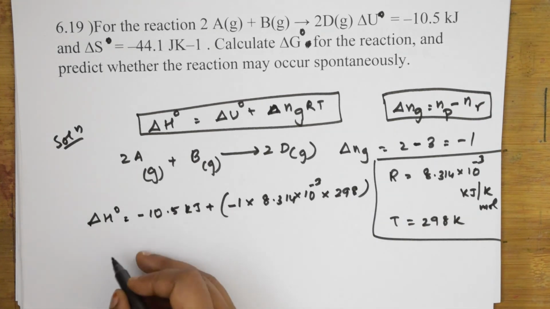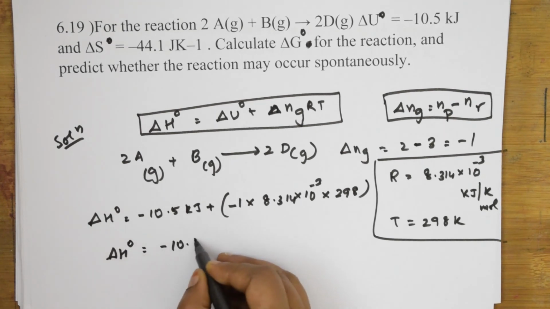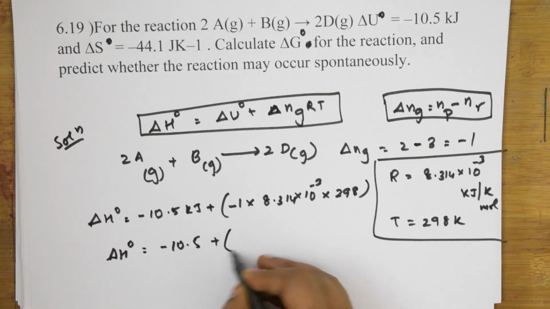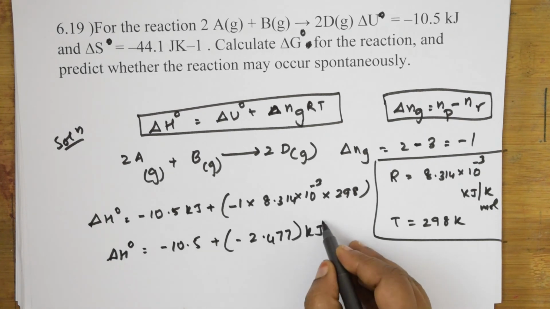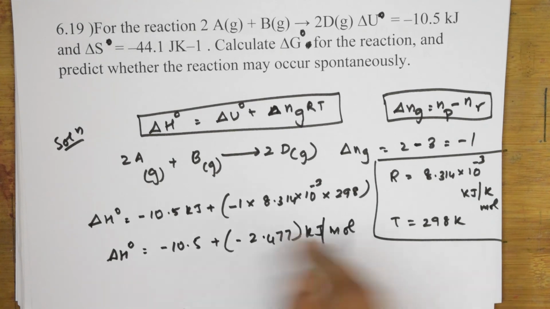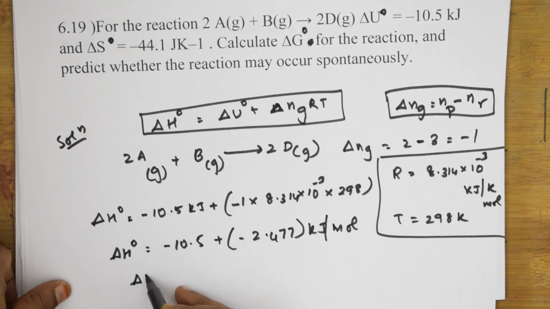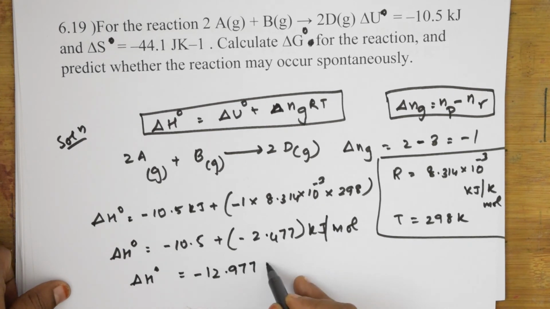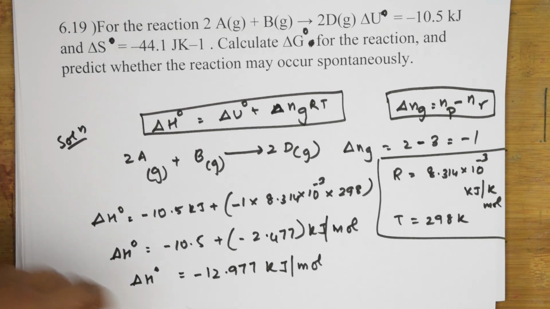When I solve the part inside the bracket, I get minus 2.477 kilojoule per mole. Plus into minus is minus, so minus 10.5 minus 2.477, and I get an answer of minus 12.977 kilojoule per mole. Fine.